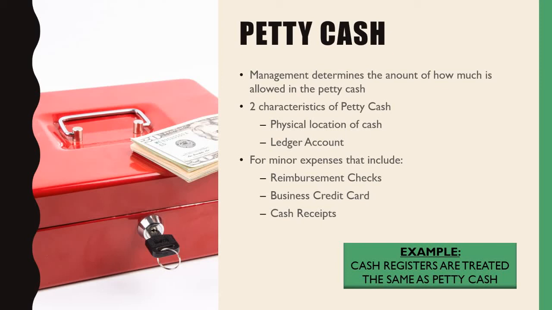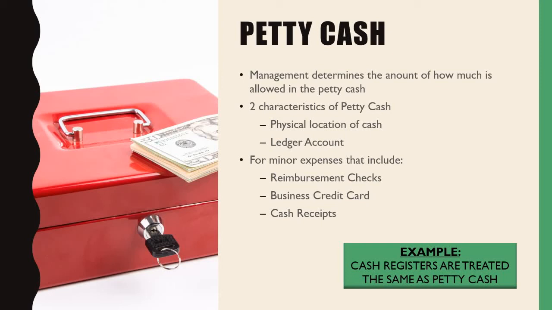But the main idea is that your cash box should always have cash in it. If you take money out, you always have to have the cash receipts, or the receipt of proof that a transaction has happened. That's the most important thing about a petty cash drawer.